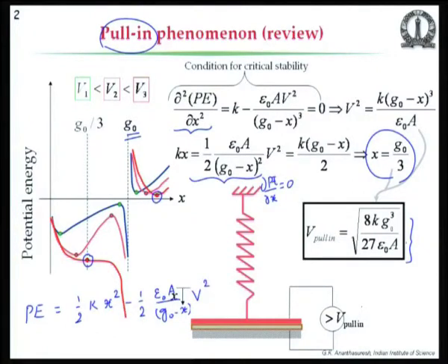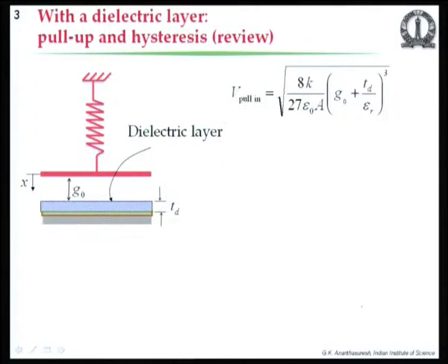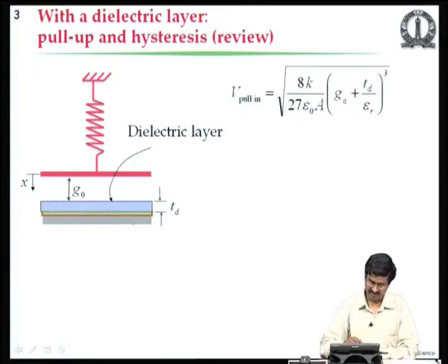And then when you imagine that there is also a dielectric layer in between, even after pull in, short circuit does not occur. So, we do see that in that case the pull-in voltage is given by this formula.